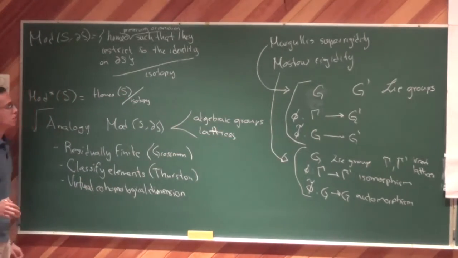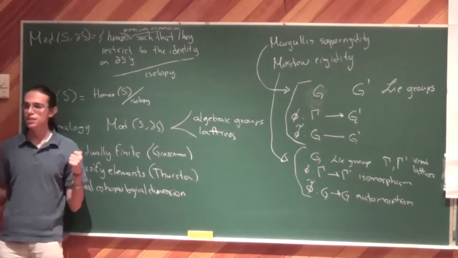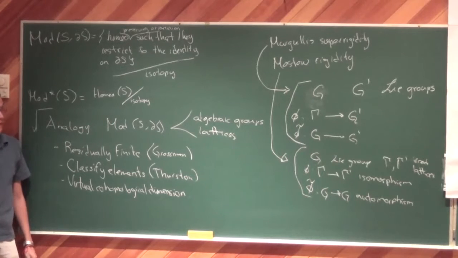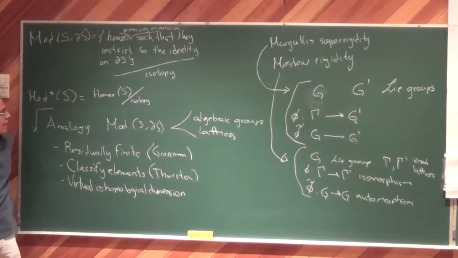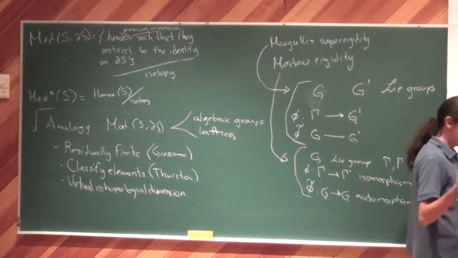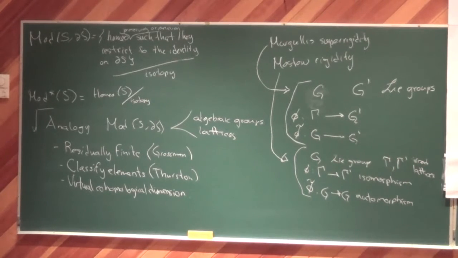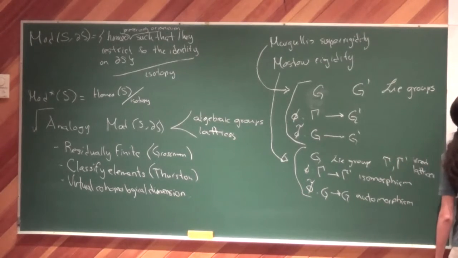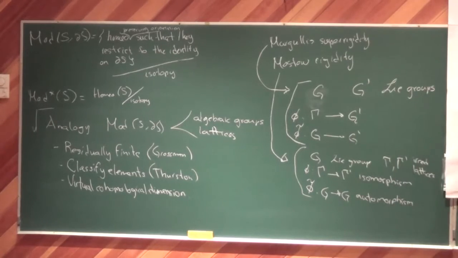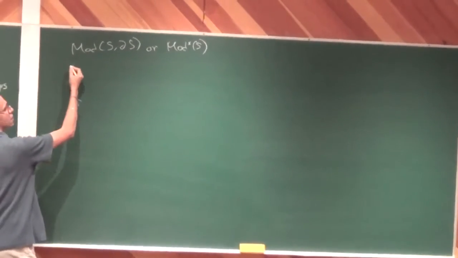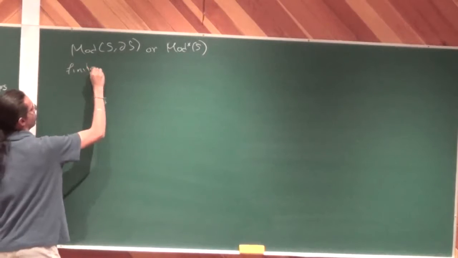So people started to think about whether something similar can be done for mapping class groups. They found several things, not that many, but they basically boil down to the following. You have, for example, Mod S, either Mod S or the extended mapping class group, and you take finite index subgroups.